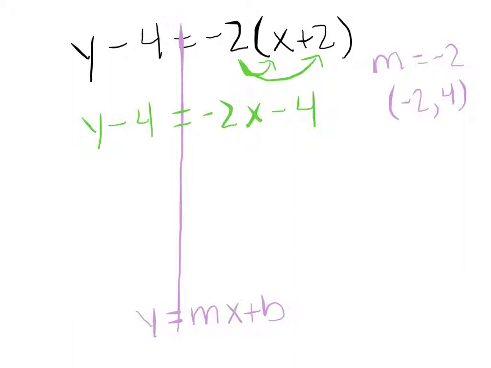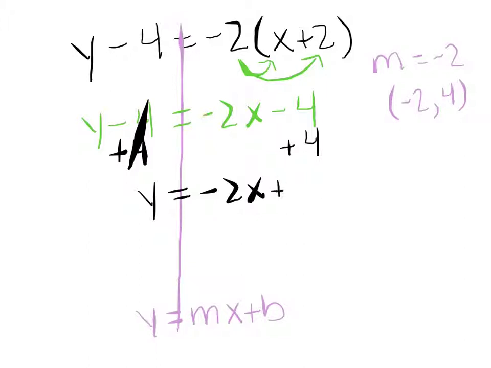Alright, so now we need to think what's not towards our goal. Now it's that minus 4. So I'm going to add 4 to both sides. That's a number, so I'm going to put it with the other number. Y equals negative 2x. Negative 4 plus 4 is nothing. So our equation would be y equals negative 2x plus 0.